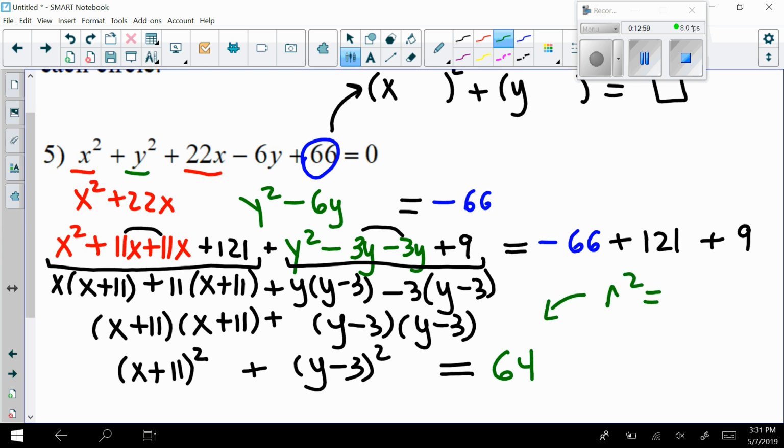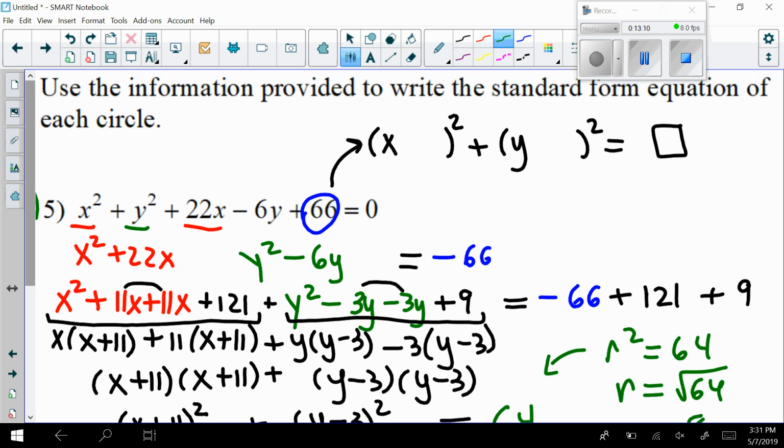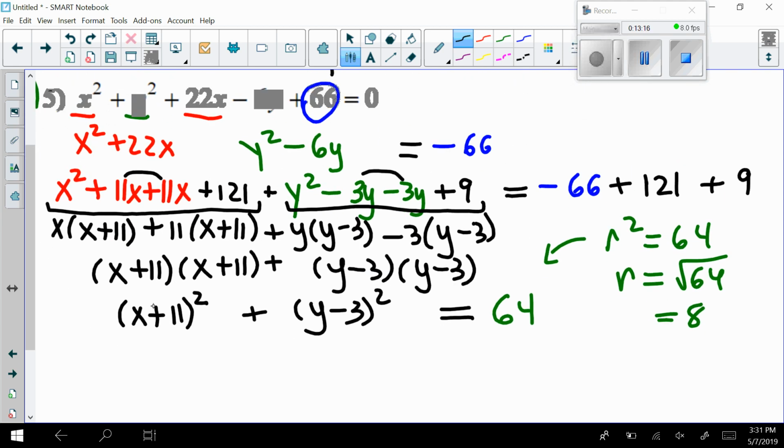So if radius squared is 64, my radius would have to be the square root of that. So it had to be 8. My directions said use the information to write the standard form of the equation, so I am done. This is my final standard form.